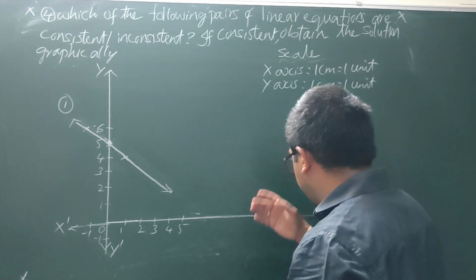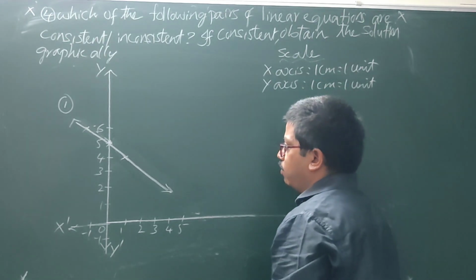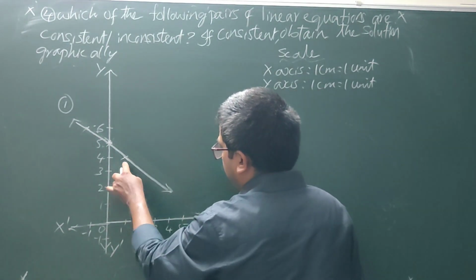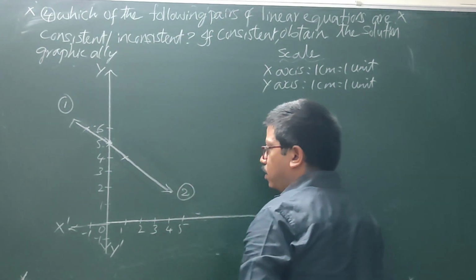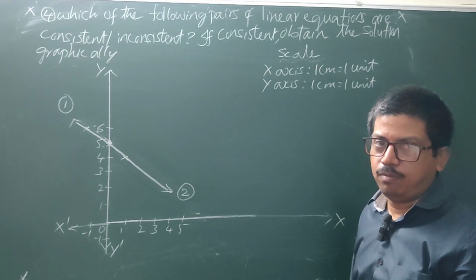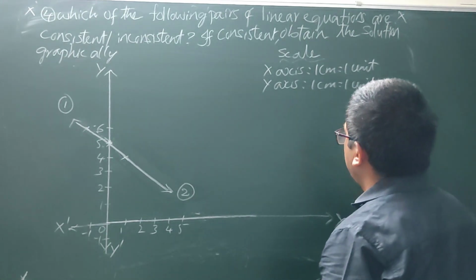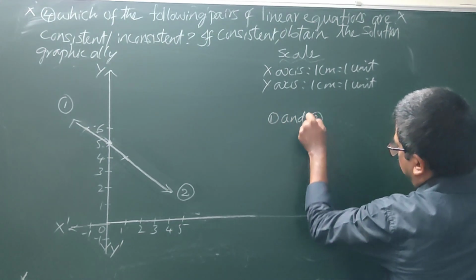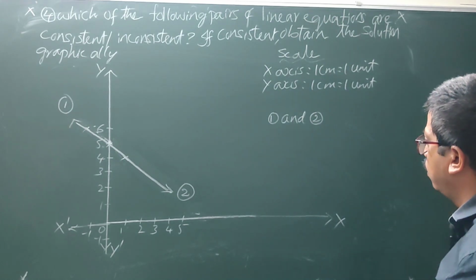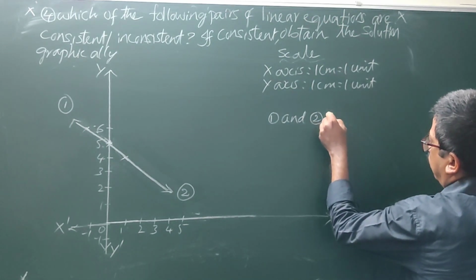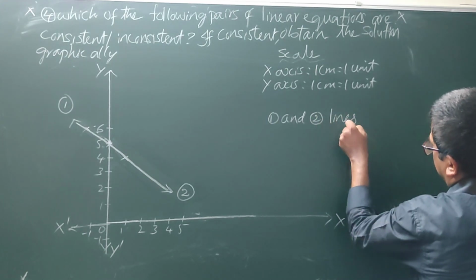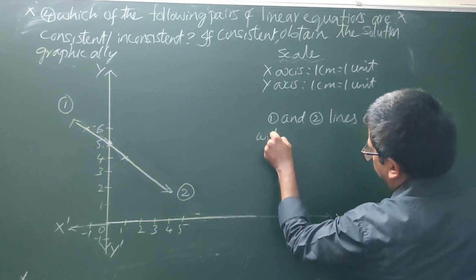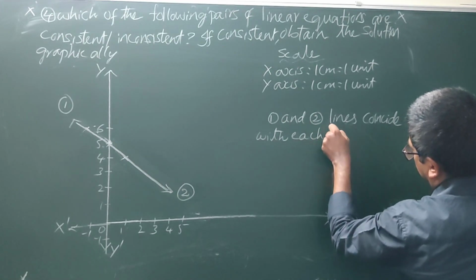Now from the second also, for minus 1 I obtained 6, for 0 I obtained 5, for 1 I obtained 4. So both represent the same line. So I conclude that lines 1 and 2 coincide with each other.